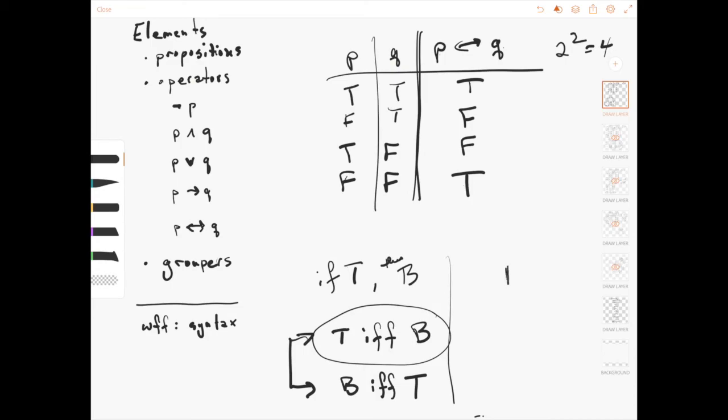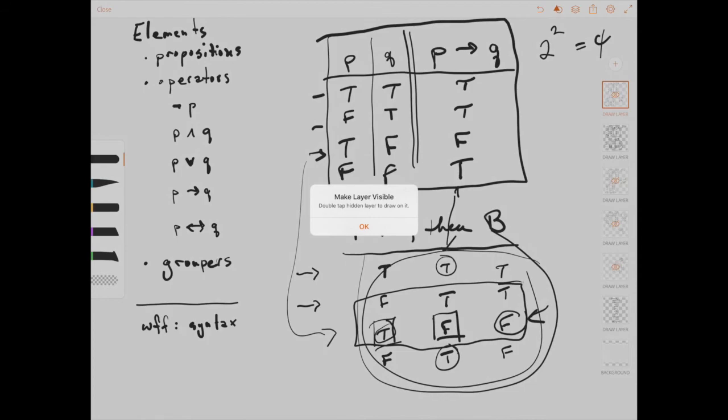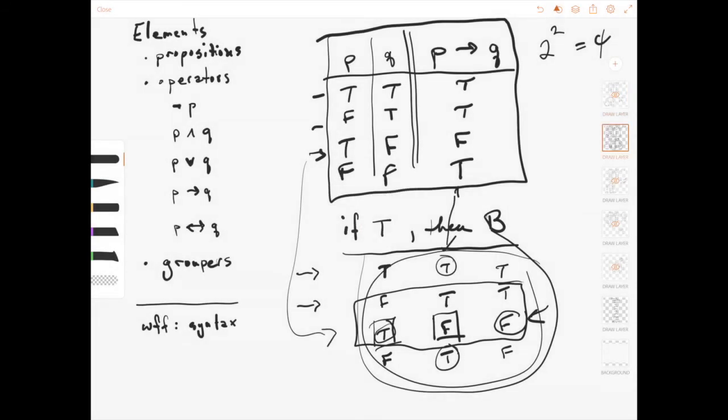It's not the case, though, that P implies Q is logically equivalent to Q implies P. And the reason is because if you look at this truth table, we have an asymmetry here. The asymmetry is that the second and third rows don't reverse in the same way, because one of them turns out true and the other one turns out false.